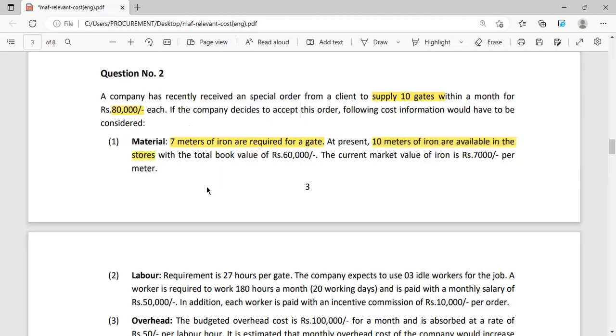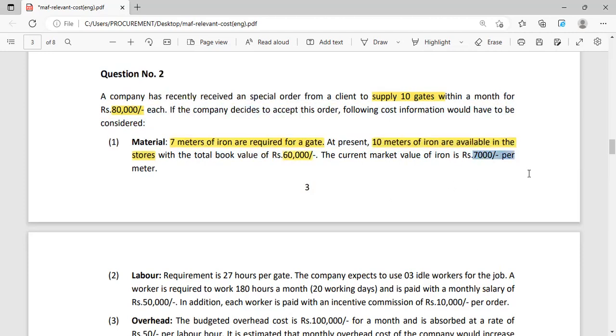That's cool. With the total book value of 60,000. So the total for the 10 is 60,000. The question is, are they going to make use of the whole 60,000? The current market value of iron is 7,000 per meter.